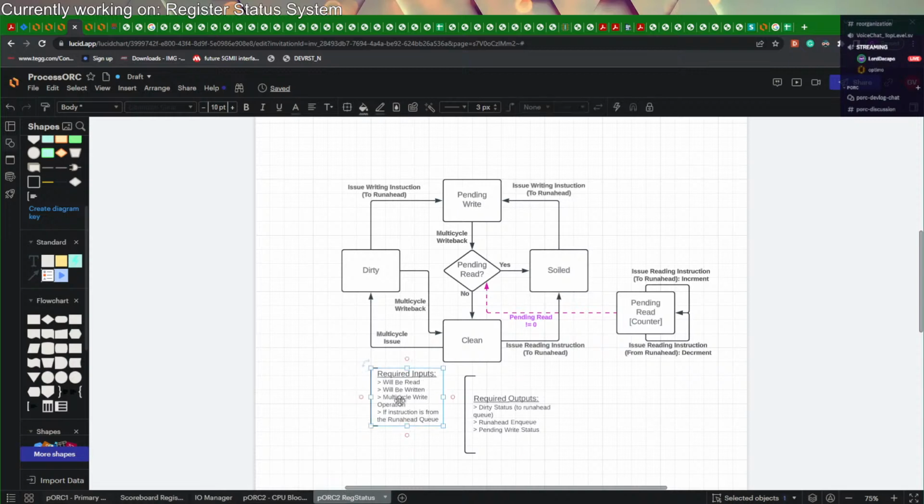And then if it's going to be written, multi-cycle write. Yeah, because the multi-cycle write covers these three.